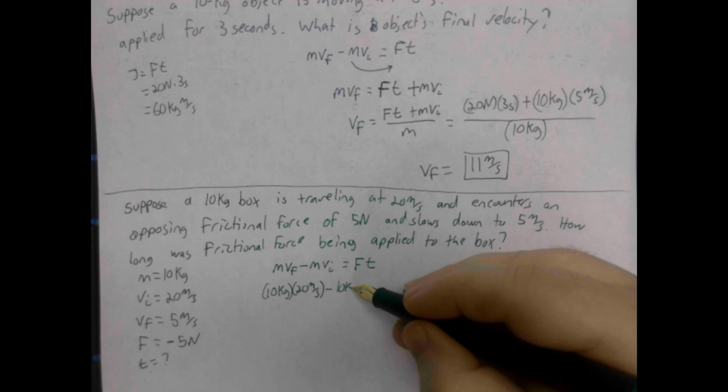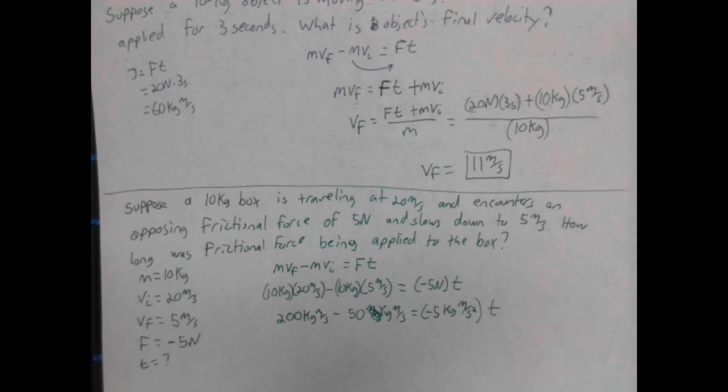And a newton is just kilogram meters per second squared. 200 minus 50 is 150 kilogram meters per second. It's equal to negative 5 kilogram meters per second squared times time. Divide by the force.